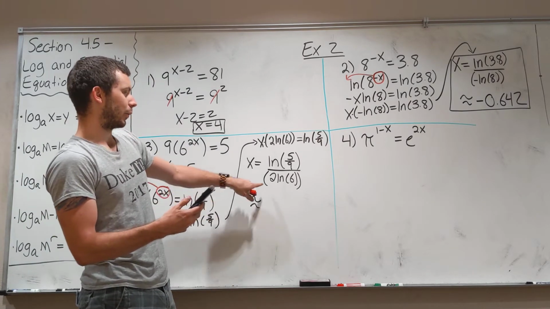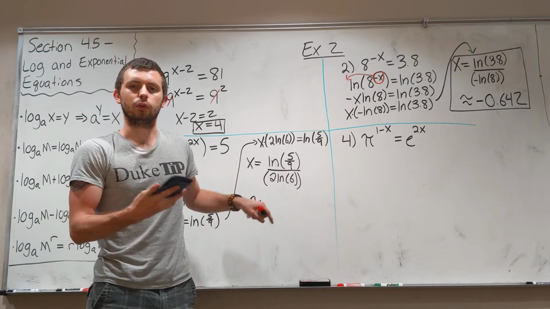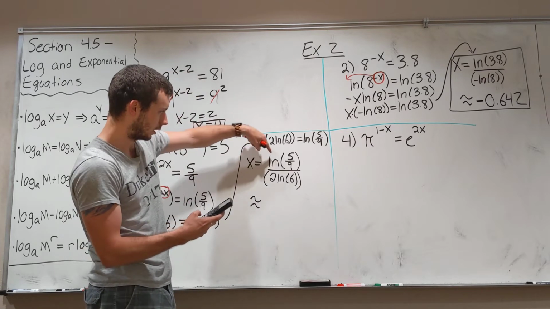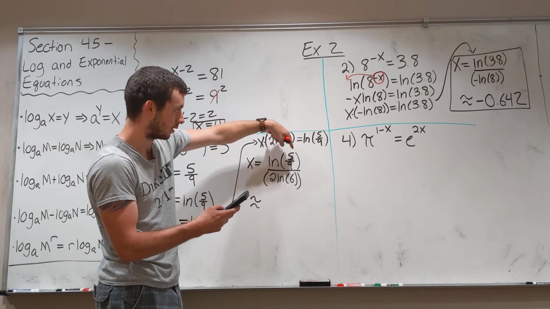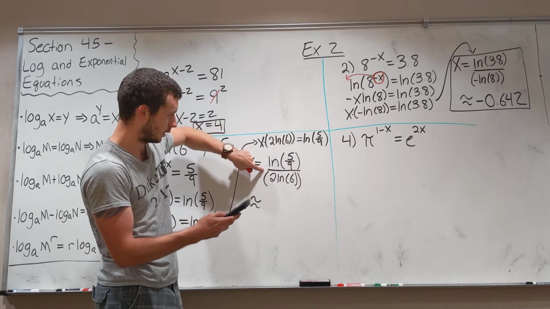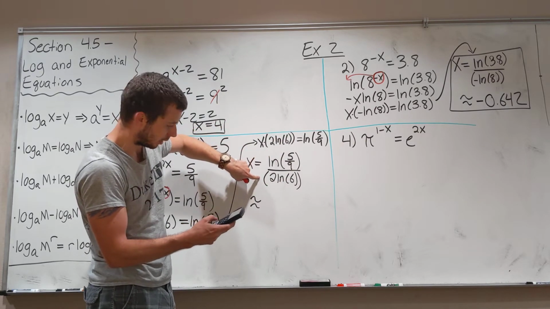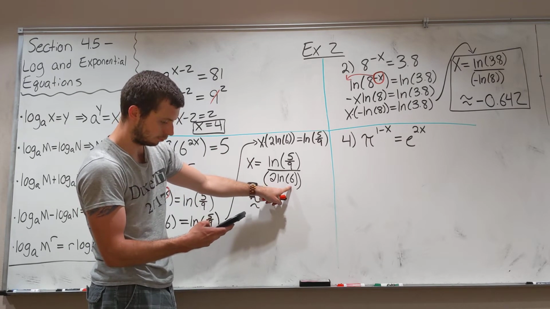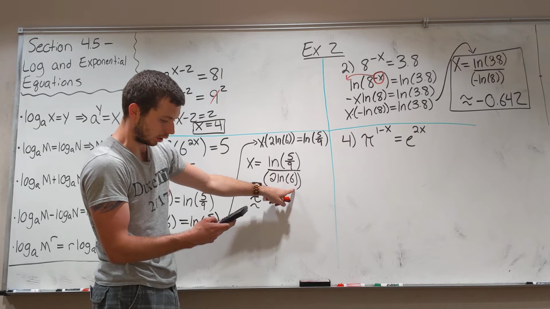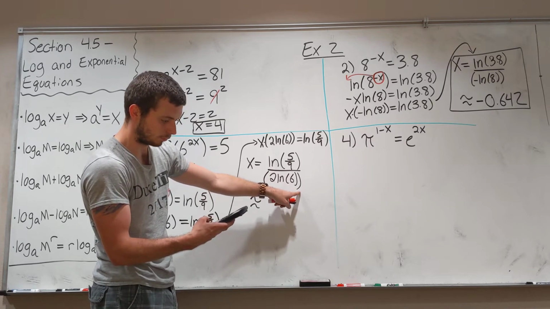So again, I recommend the parentheses because it reminds you to do it in your calculator. So ln, I'll put 5 divided by 9, I'll close that parenthesis, I'll divide, open up a parenthesis, and then a 2, ln, 6, close and close parenthesis.